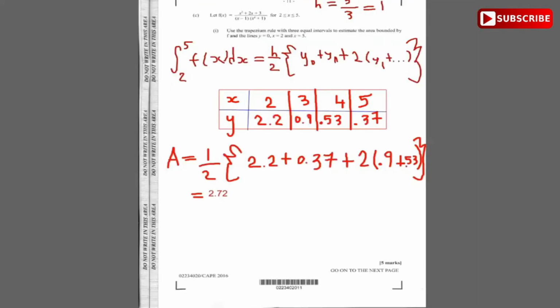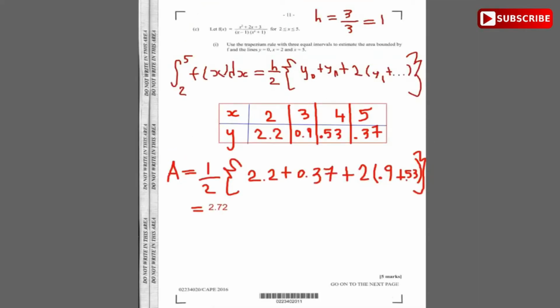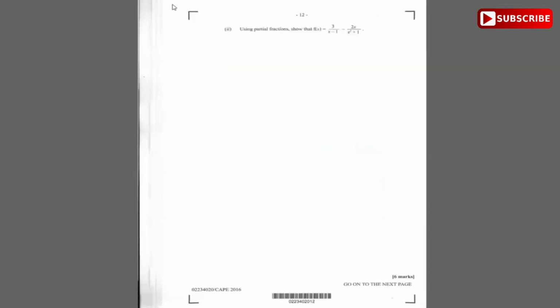Let's look back at what f of x was. f of x is x squared plus 2x plus 3, divided by x minus 1 times x squared plus 1.